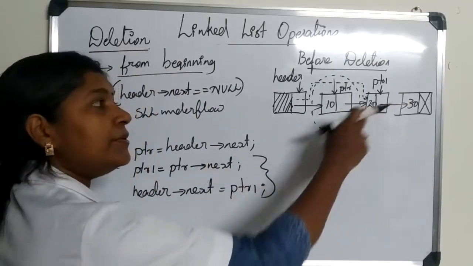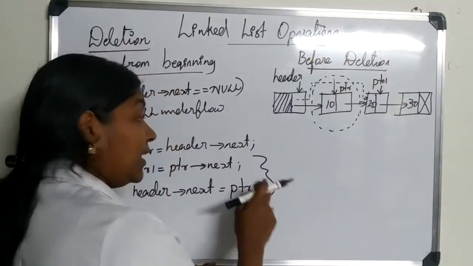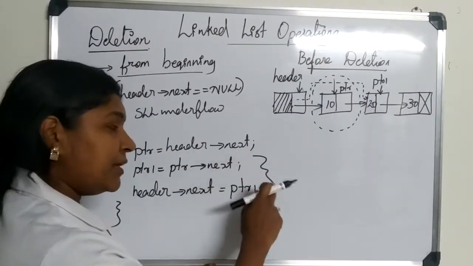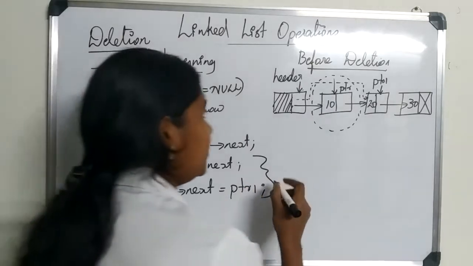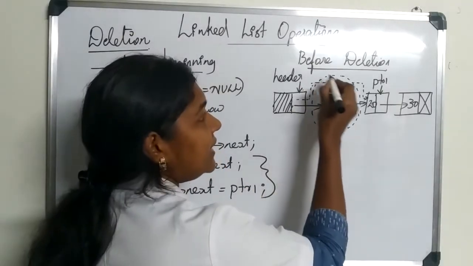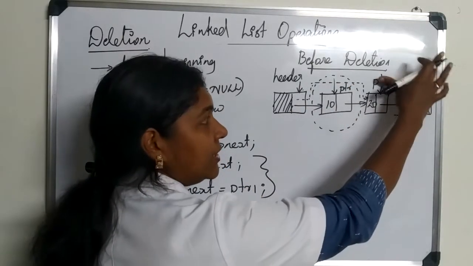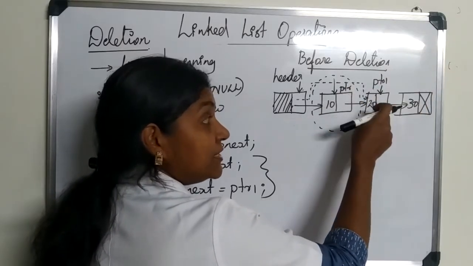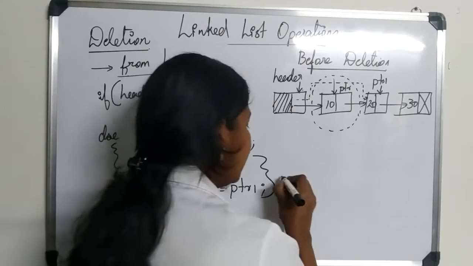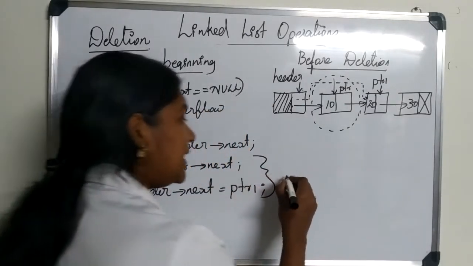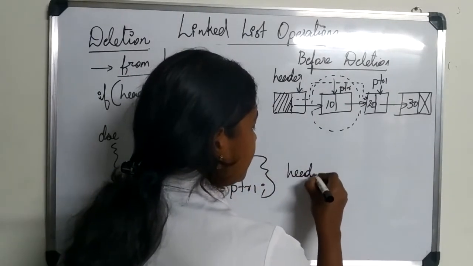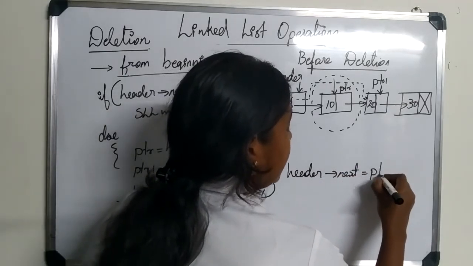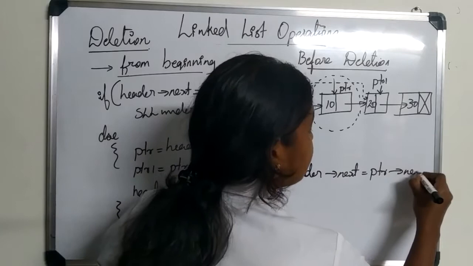This is the second method. So without using PTR1, we can reduce one step also. Instead of using these two lines, we can make header dot next point to PTR dot next. So we can write a single line as header dot next is equal to PTR dot next. This is also fine.